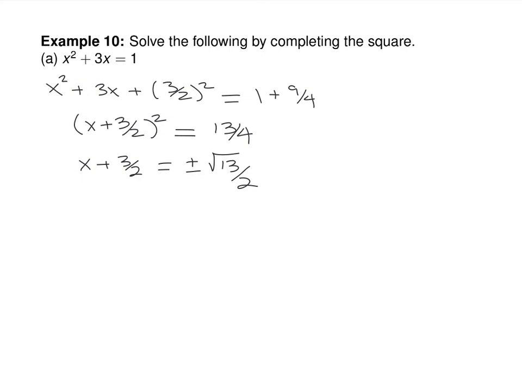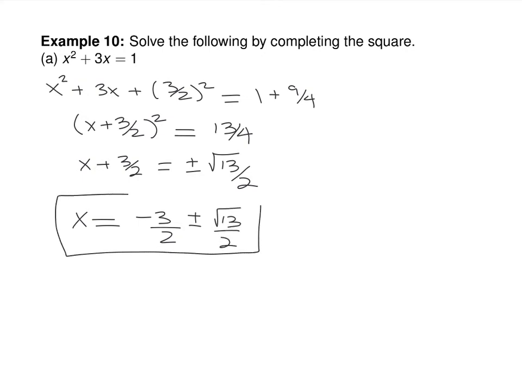And then what's your final answer? Great. So fractions are a little bit trickier, but not ridiculous, right? Okay, let's try another one.